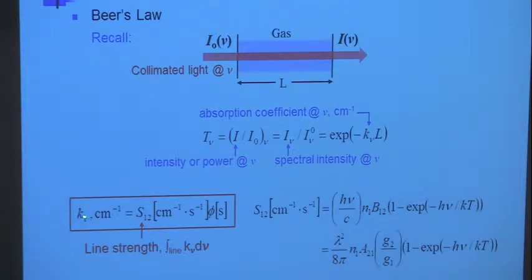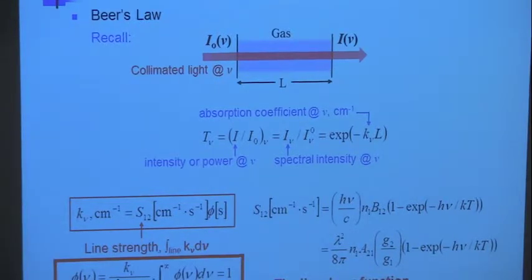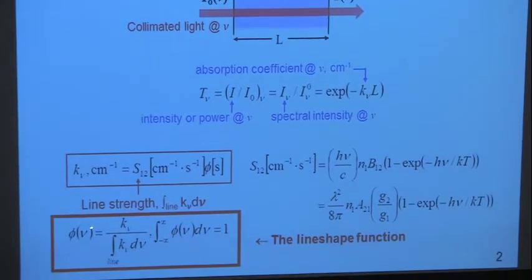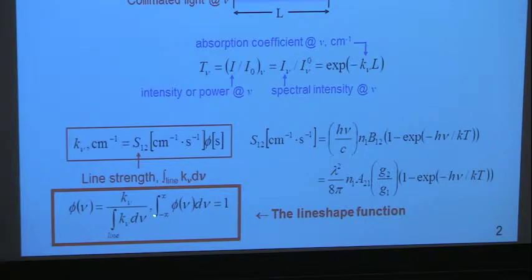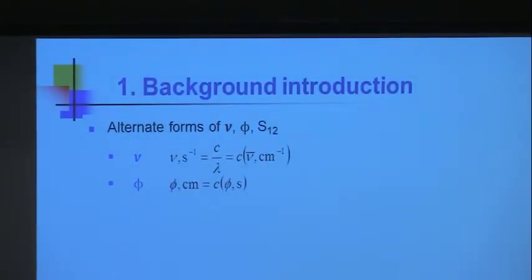Therefore, you can see that K, the strength of this per unit length absorption, depends on the number density as well as A. And the line shape function, as we defined it, is nothing more than the local value of K divided by the integral. This way, the integral of phi over the line is 1. So the area under the line shape function is defined to be 1 by most people, not everyone. Okay, so there are different forms for phi.